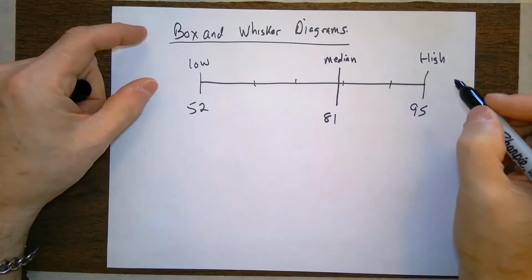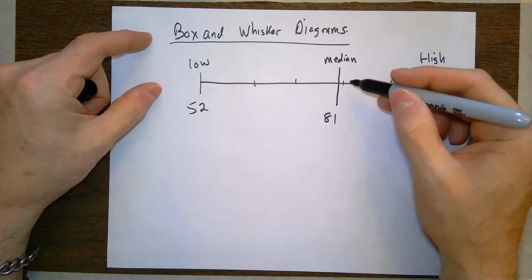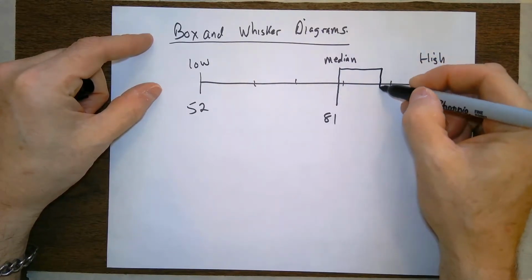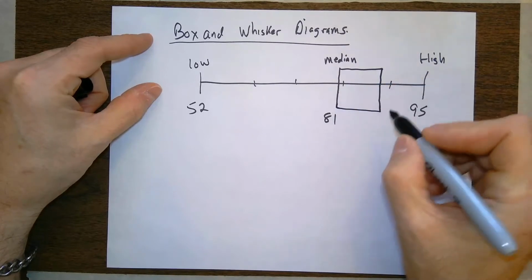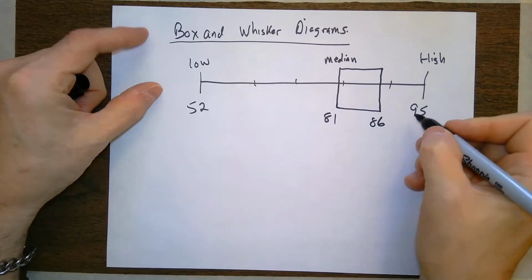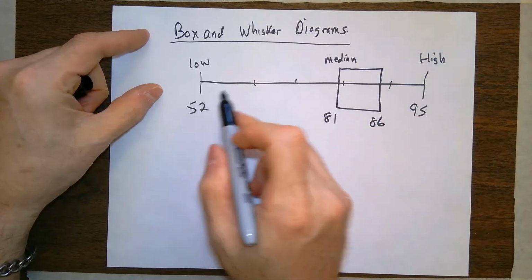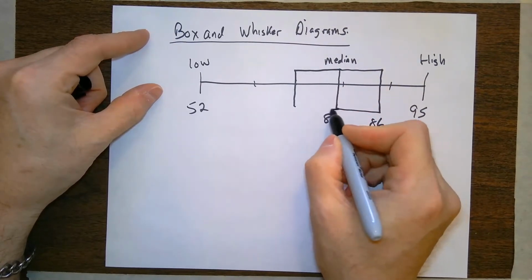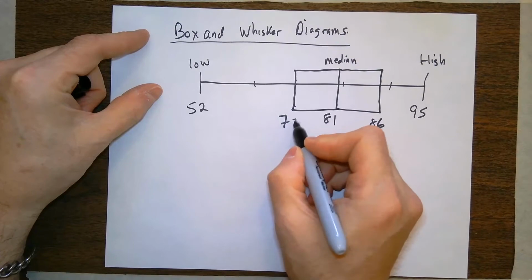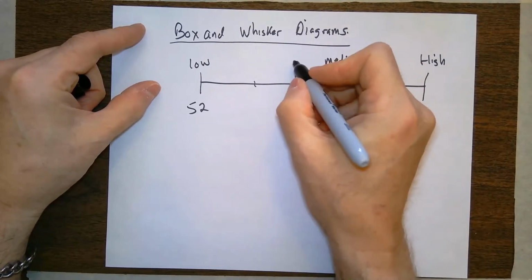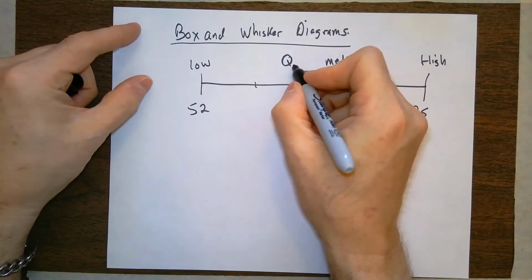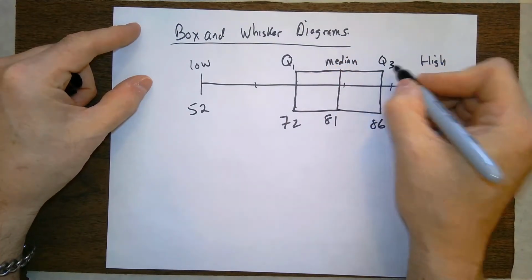Let's say we had an 86 here, and a 72 right here. We should remember these as the different quartiles, quartile 1 and quartile 3.